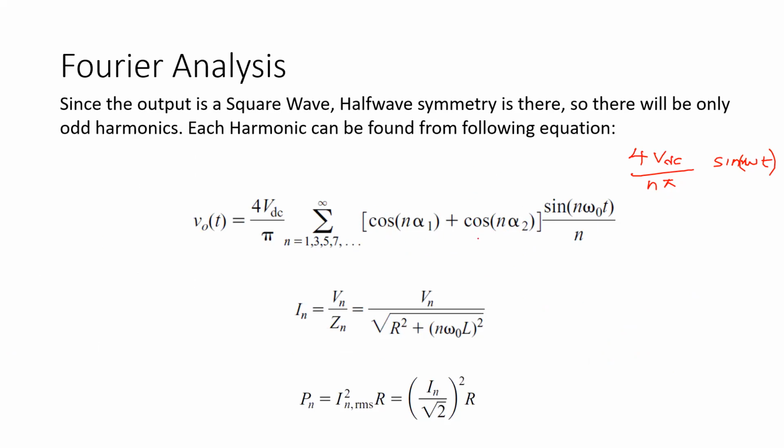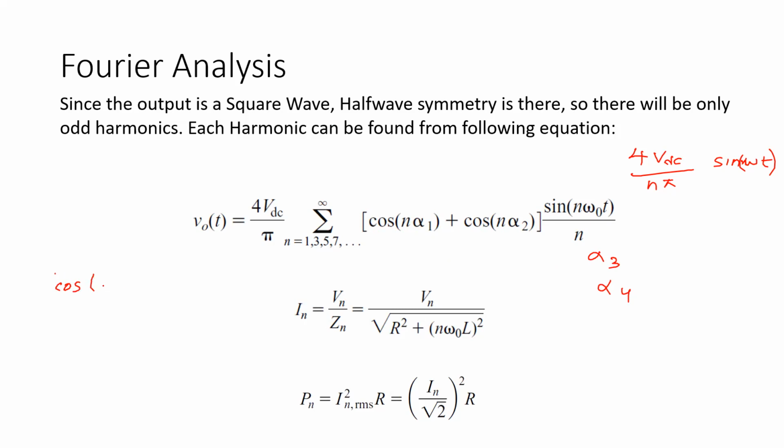In here, this is for two levels. If you have 3 levels, there will be alpha 3. If you have 4 levels, there will be alpha 4. So you will get a series of cosine terms.